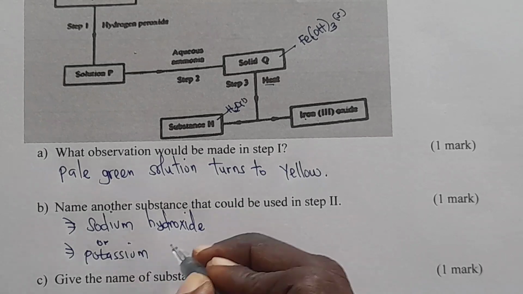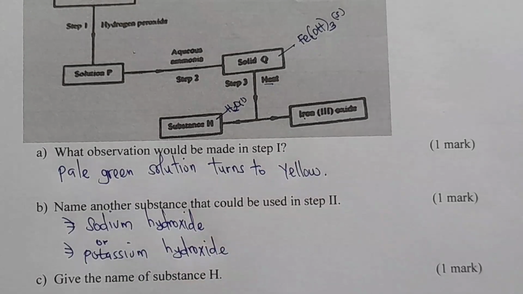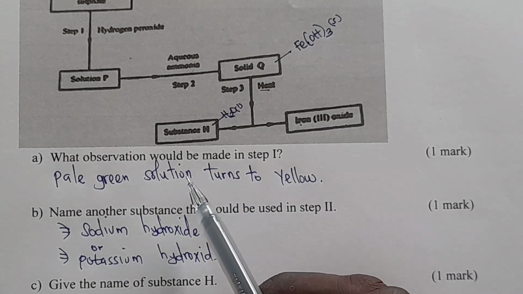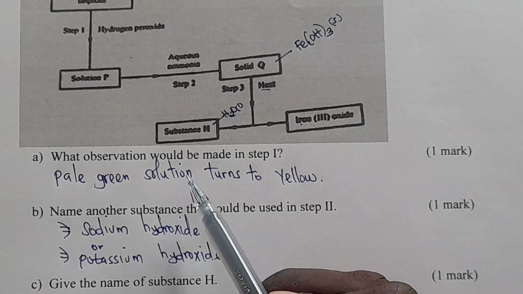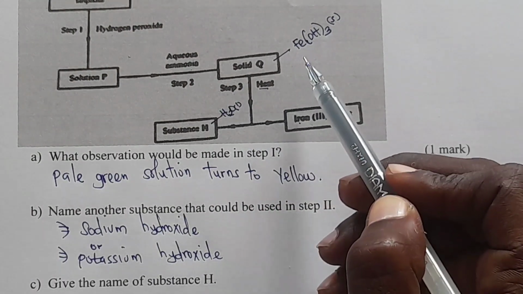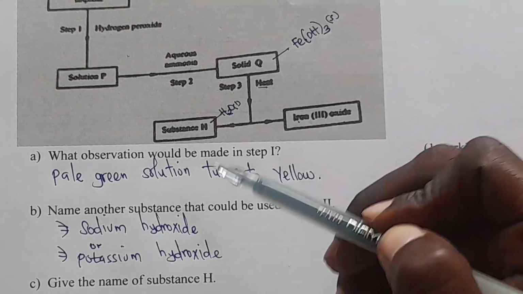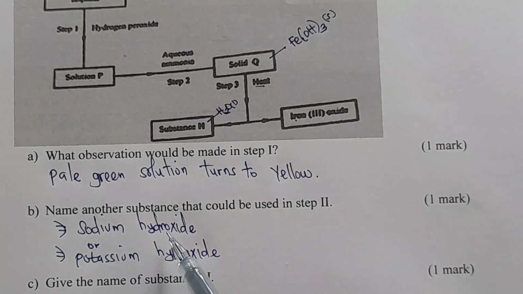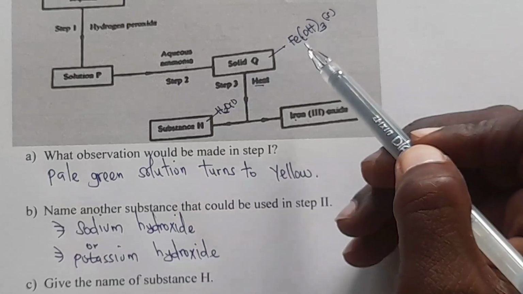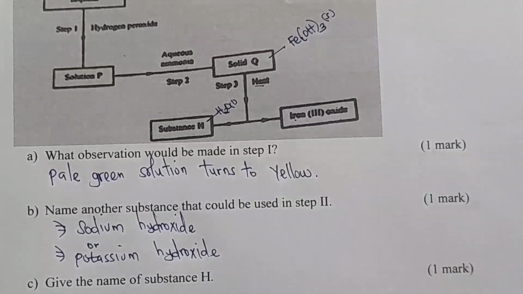Remember, when solutions of iron 3 ions are added to aqueous ammonia, we see a brown precipitate. Just like that, when sodium hydroxide is added to a solution containing iron 3 ions, we still get that brown precipitate, which is insoluble in excess.